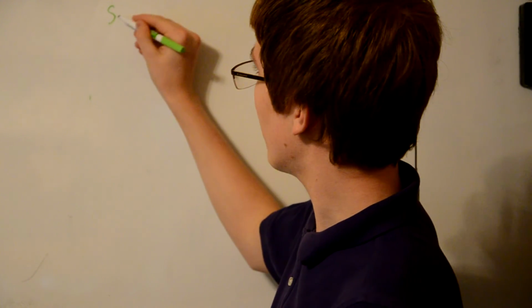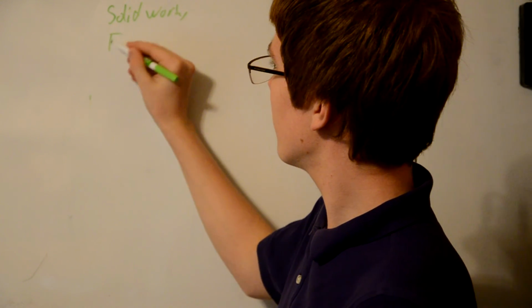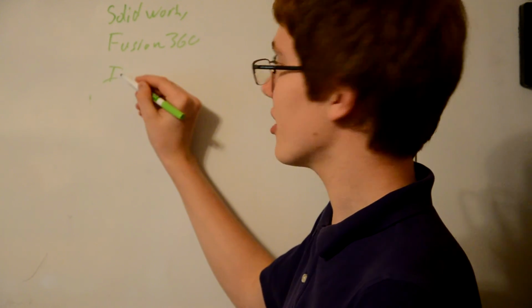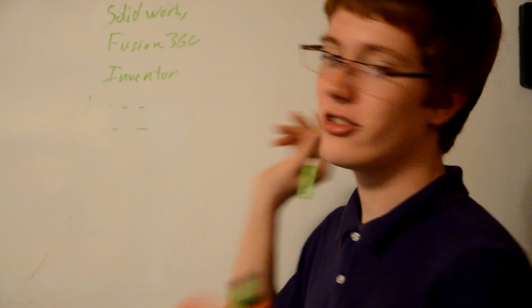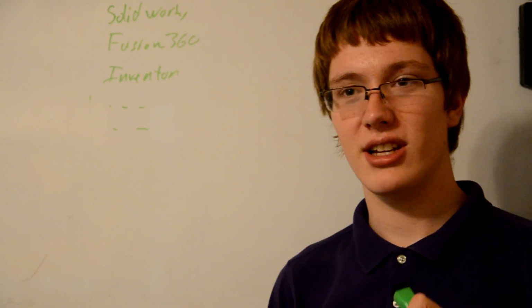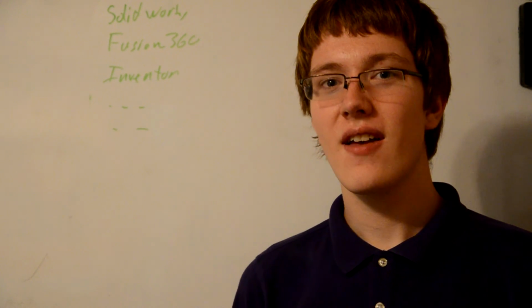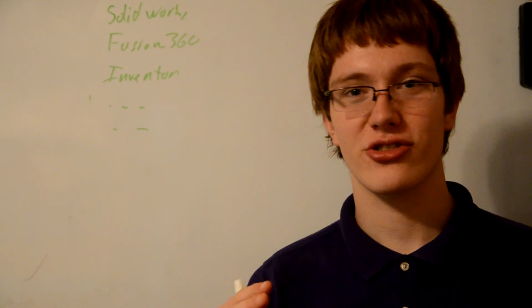Now, SolidWorks, Fusion 360, Inventor, and a bunch of others use parametric modeling instead. They were specifically created for working in 3 dimensions, which goes a lot smoother when you have some kind of history.